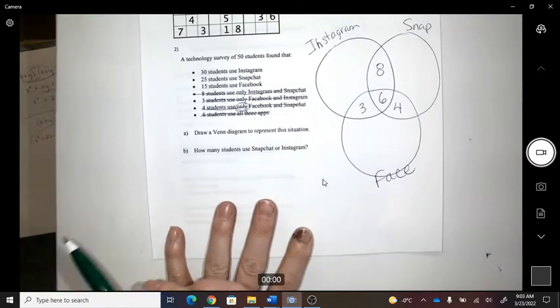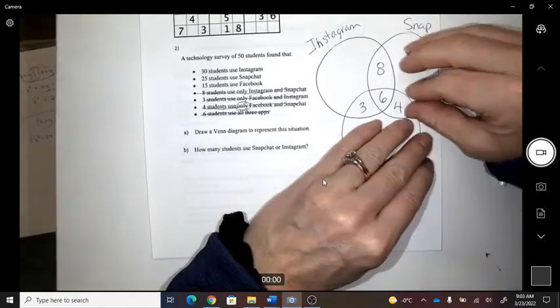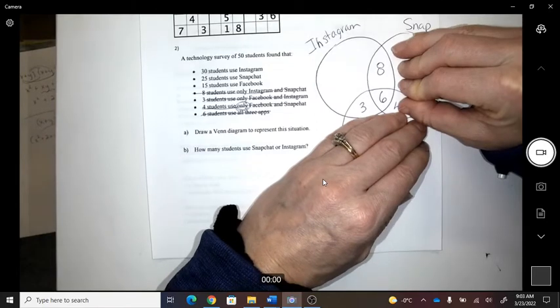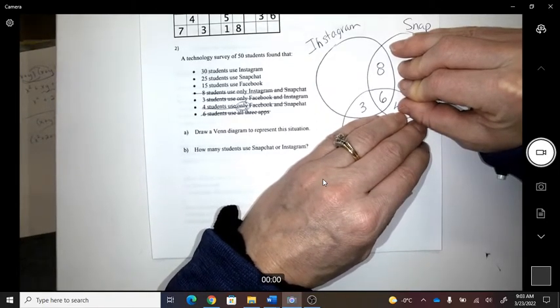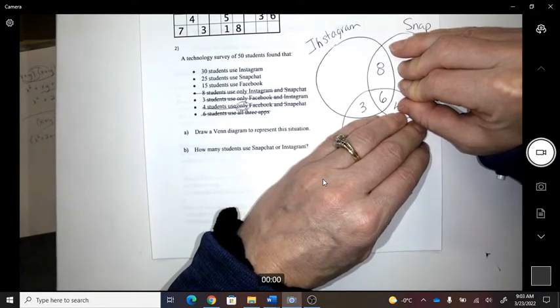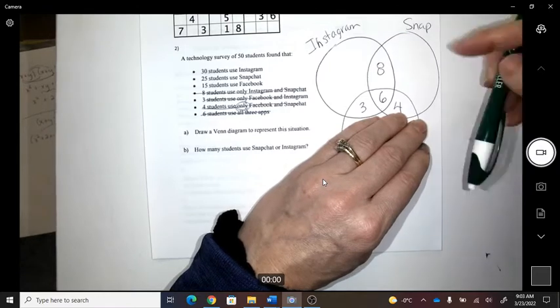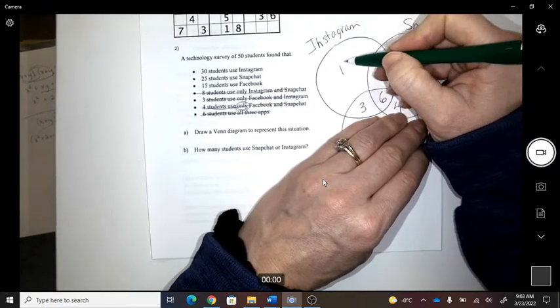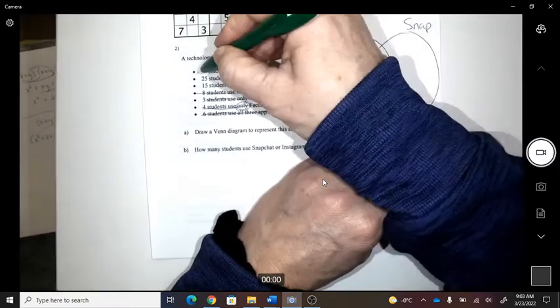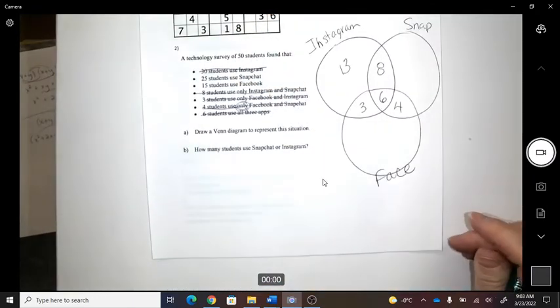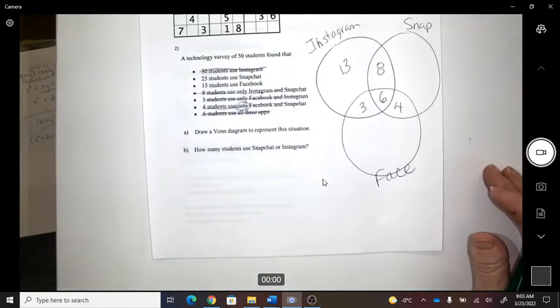Okay, 30 use Instagram. So here's the whole Instagram bubble. You need 30 inside that bubble, but you have 8, 6, and 3, so 14, 17 is what you already have in there. So that leaves me with 13.